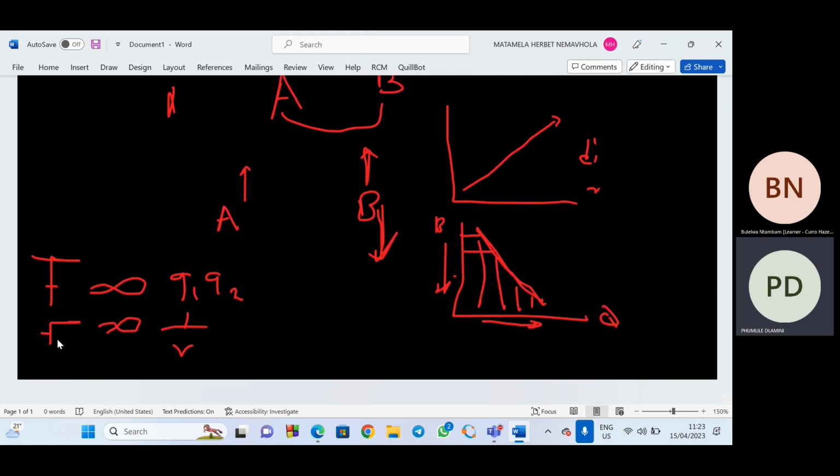When you write it in terms of mathematics or physics, it means force is inversely proportional to the square, so you put 1 over R squared.